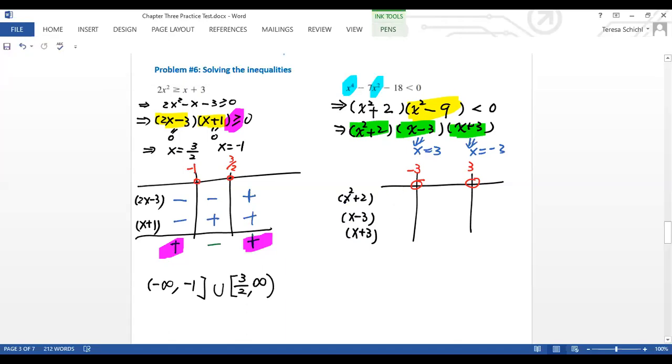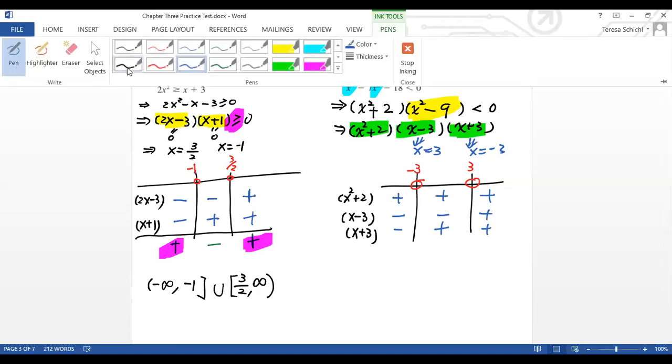The term x squared plus 2 is always positive. Choose anything less than negative 3, so negative 4, and this is negative. Choose something in between, so this is negative, this is positive. Choose something bigger, so this is positive, positive.